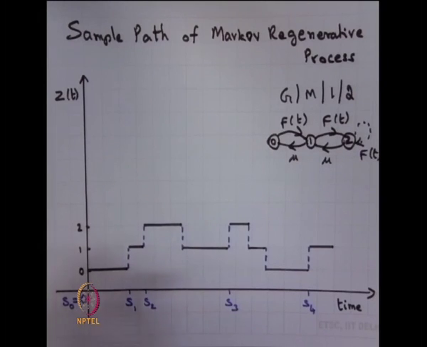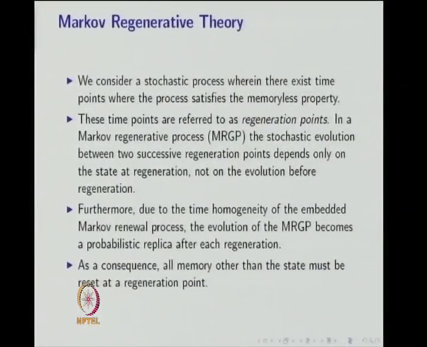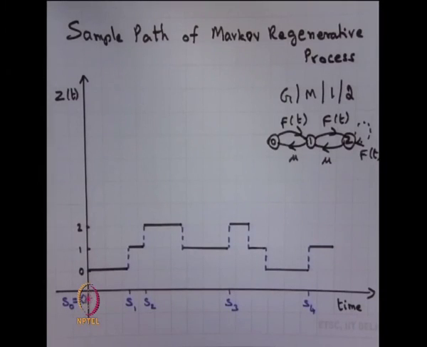Therefore, these time points are called regeneration time points. Go back to the definition: for a stochastic process where there exist time points at which the process satisfies the memoryless property, the time points are referred to as regeneration time points. So, here S1, S2, S3, S4 are the regeneration time points.